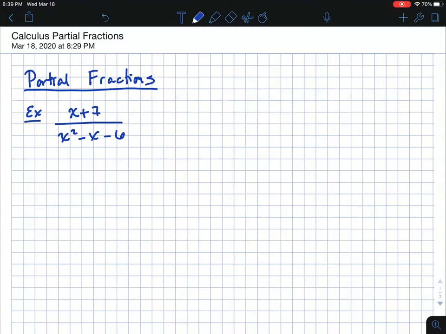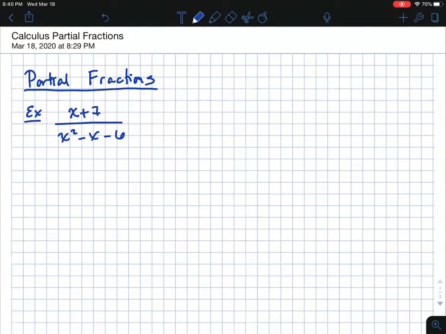There are actually several different types of partial fractions, and it's all going to be figured out by when you factor the denominator: if the factors are repeating themselves, if it's a quadratic, or if they are independent of each other.